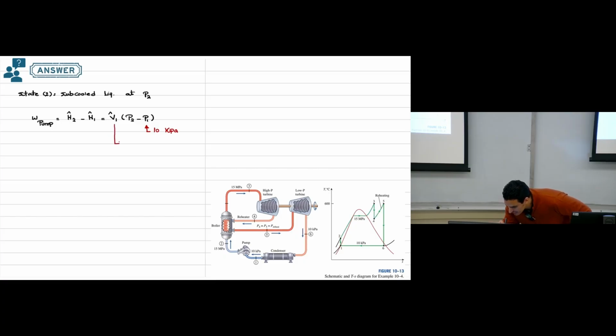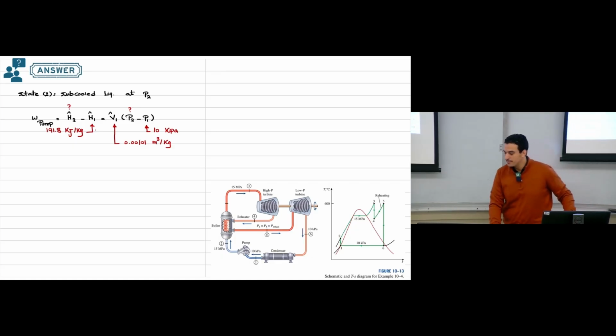Specific volume, we just calculated it when we were doing state number 1, 0.00101 meter cube per kilogram. H1, we have it, 191.8 kilojoule per kilogram. But we have no idea about H2. We have no idea about the pressure at point number 2.